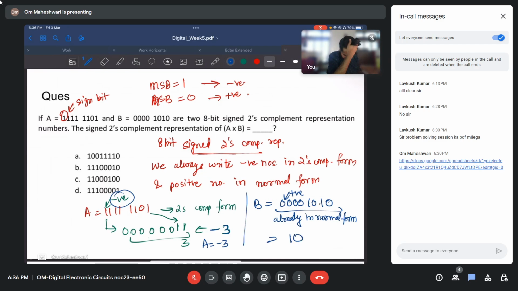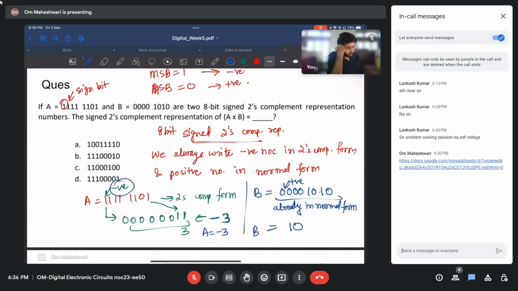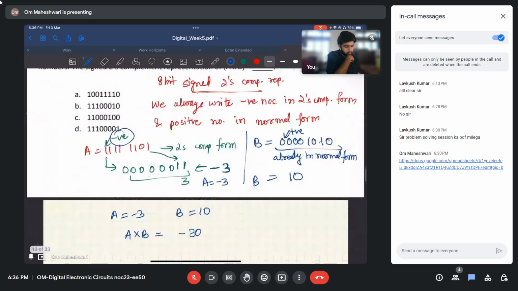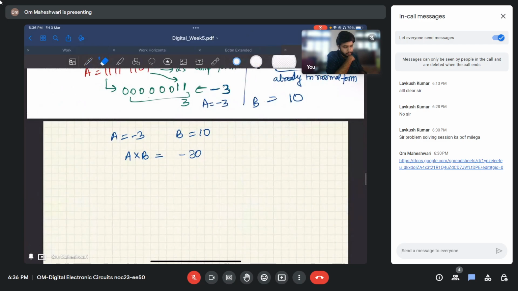So A equals minus 3 and B equals 10. A into B is minus 30. Since the answer is negative, it will be in 2's complement form.